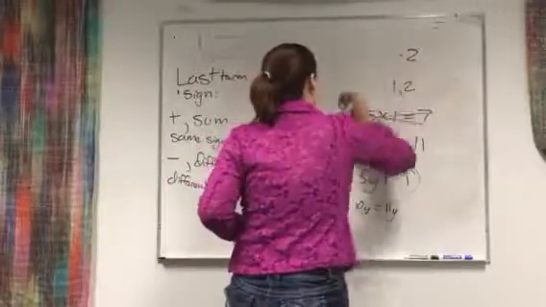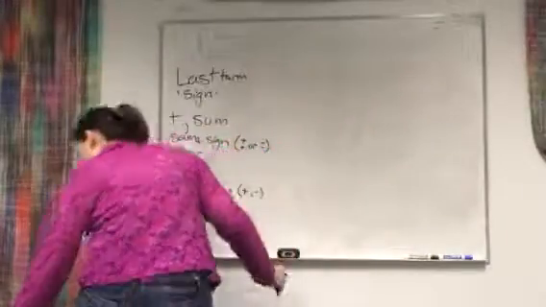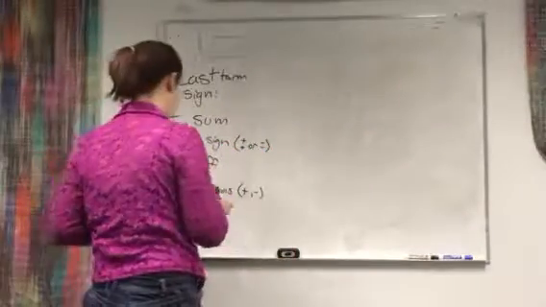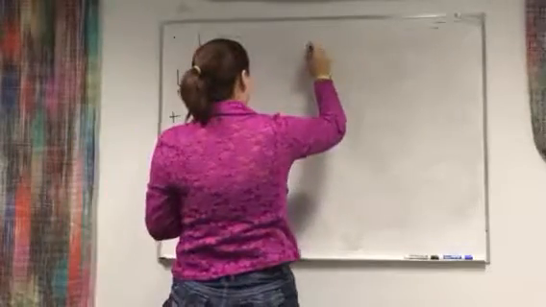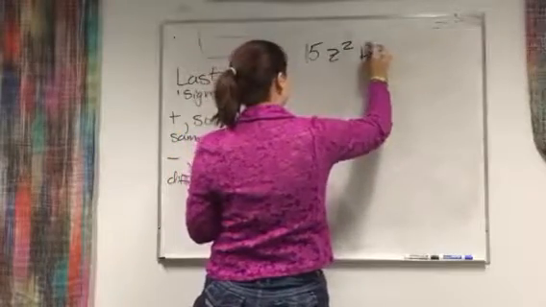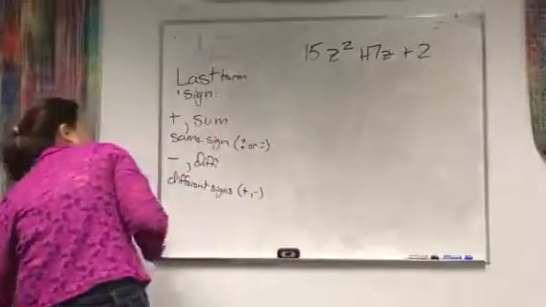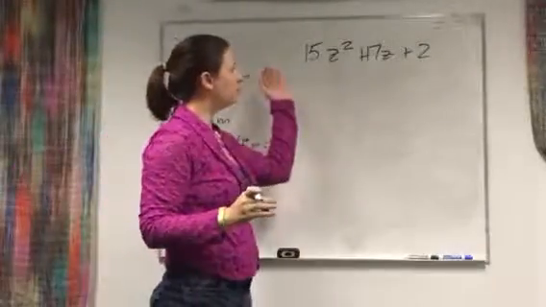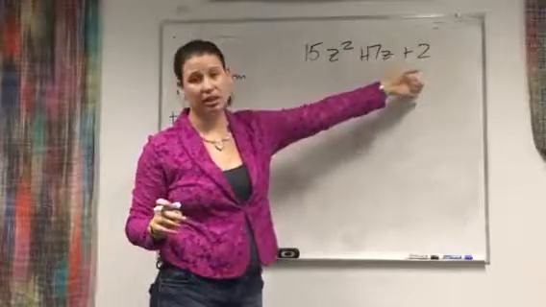Okay, so let's do one more. 15z squared plus 17z plus 2. Okay, so they all don't have a z, and 15 and 2 don't have anything in common.